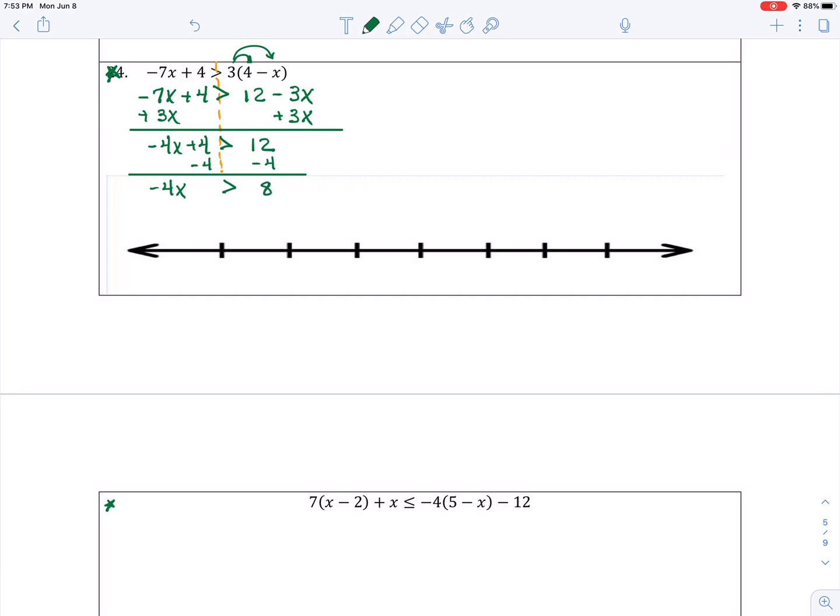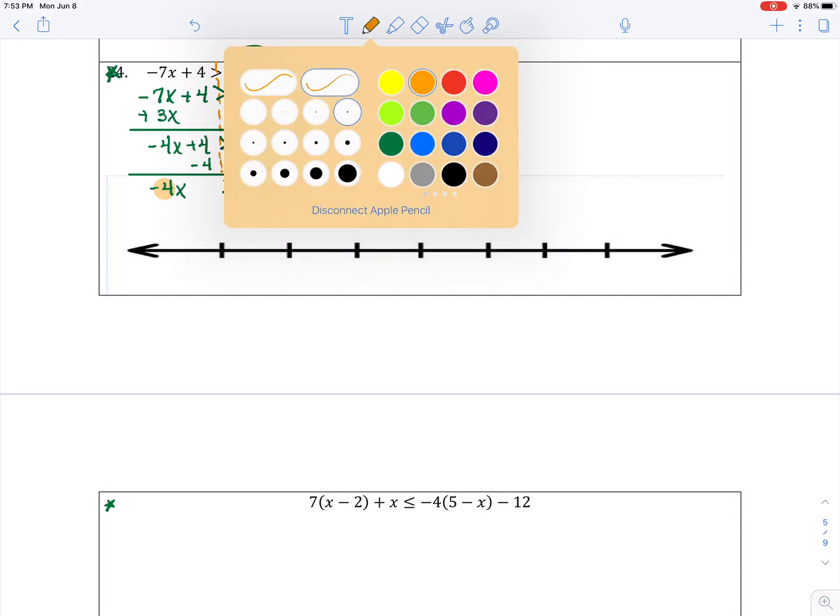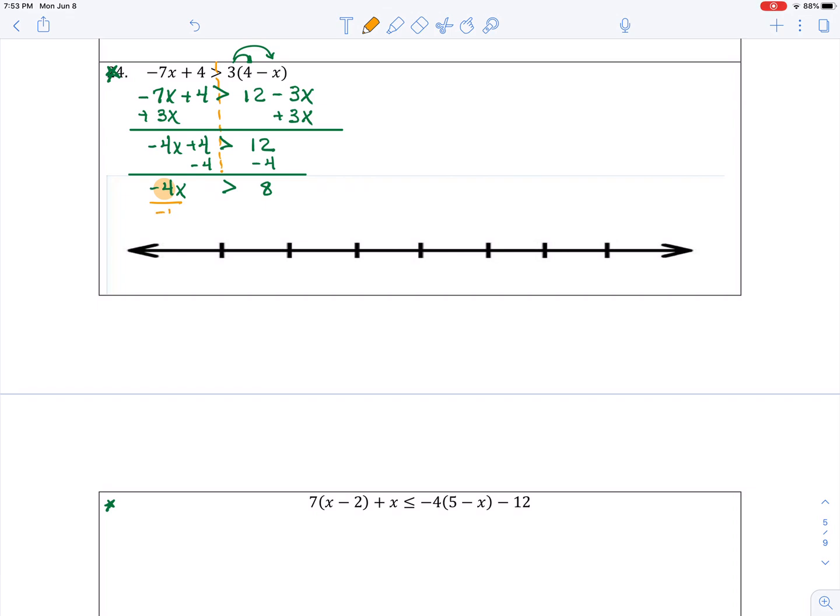And be careful right here because I can see that my next step is going to require that I divide by a negative 4. So when I come in here, let me change the color. When I come in here and divide by negative 4 on the left and divide by negative 4 on the right, I hope you remember what happens here.